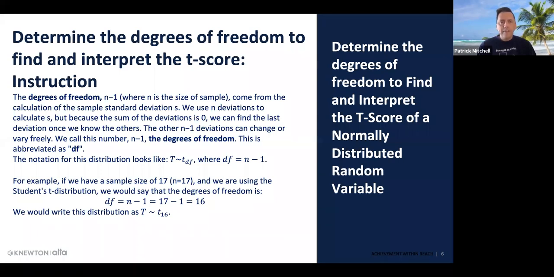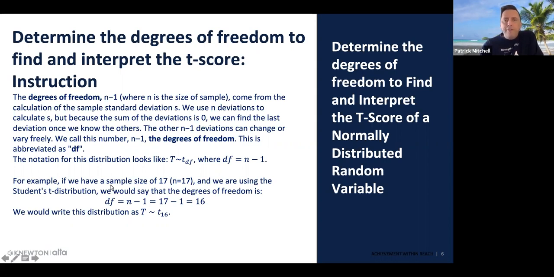So we use those deviations to calculate the sample standard deviation, but because those deviations add up to 0, we can find the last deviation once we know the others. The other n-1 deviations can change or vary freely. So we call this number n-1 the degrees of freedom, which is abbreviated df.